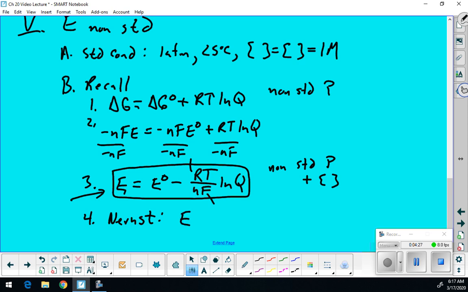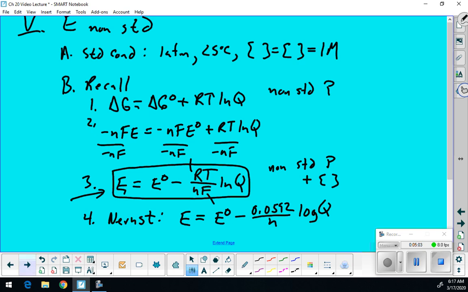Nernst simplified this, I don't know if it's simplified, but he put in some values, 0.0592 over N, and then he went into the regular log, not the natural log of Q. All right? And so I don't care what you're using, whichever one makes you the most comfortable. But they both work, and really, these are both the same equations. All right, good, so there we have it.